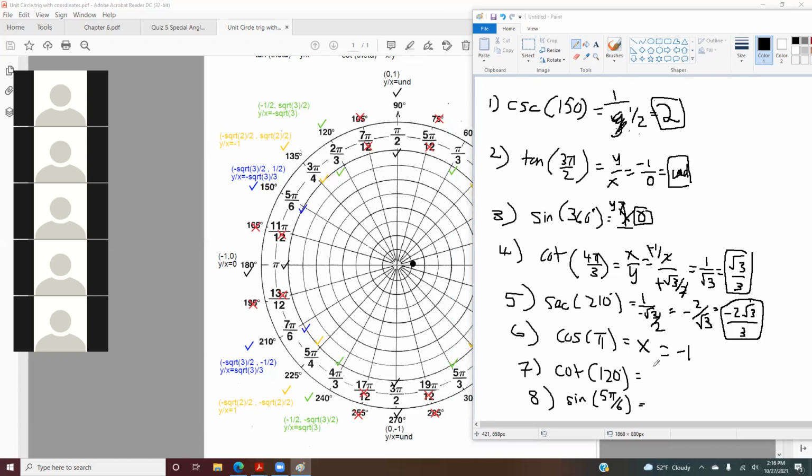Cotangent is x over y, right? And she says 120 degrees is right here. This is the green one. X is -1/2. Very good. So this is x -1/2. And your y in this case is √3/2. Yes. Now we need to simplify this. This is correct. We just need to simplify this.